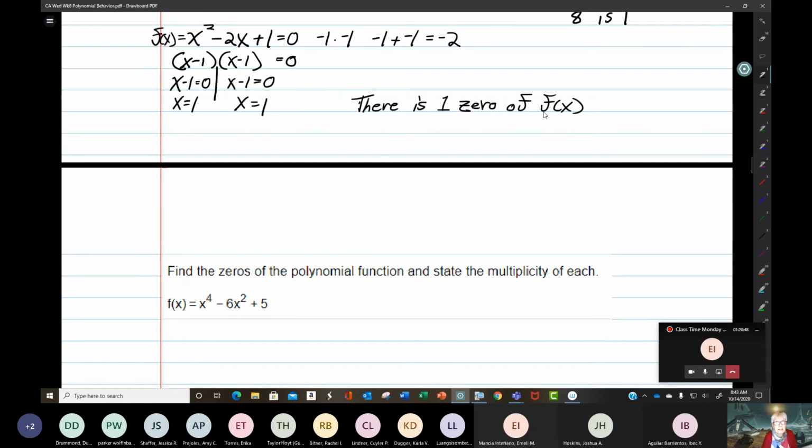But it occurs twice. So the multiplicity is 2. So you can have multiplicities of 2, 3, 4, 6, 7, 10 million.